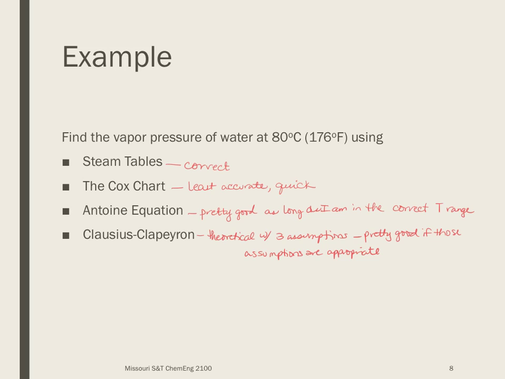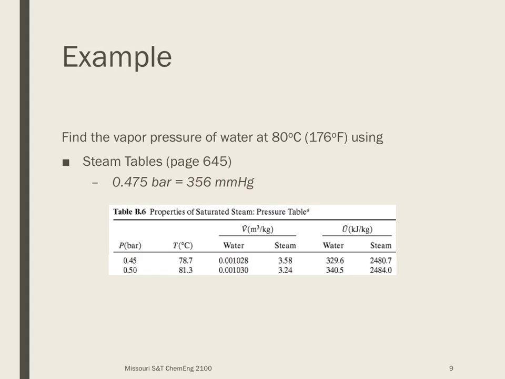And I said that's going to be fairly good as long as I am far away from the critical point. So as the temperature goes up, the ideal gas law assumption gets better, but the delta H of vaporization assumption gets worse. So that's going to be a little bit challenging to know whether or not that's good. So we'll look at now these answers.